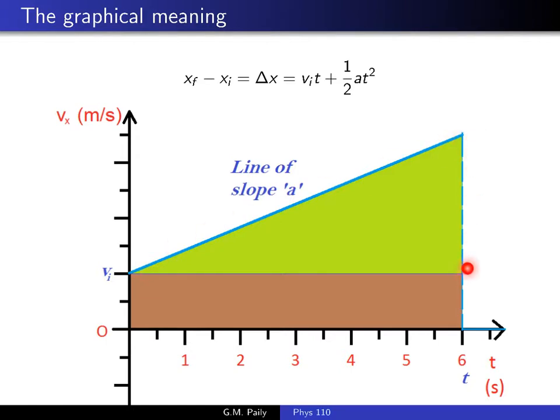We can look at the area under this curve and split it into two parts, a triangle and a rectangle. The triangle has a base of t and a height of at. The rectangle has a height of vi and a base of t.